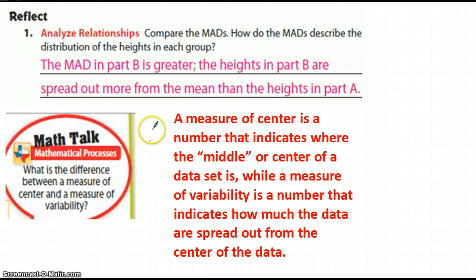And we look at this math talk. It says, what is the difference between a measure of center and a measure of variability? And it tells us that a measure of center is a number that indicates where the middle or center of the data set is, while a measure of variability is a number that indicates how much the data set is spread out from the center.